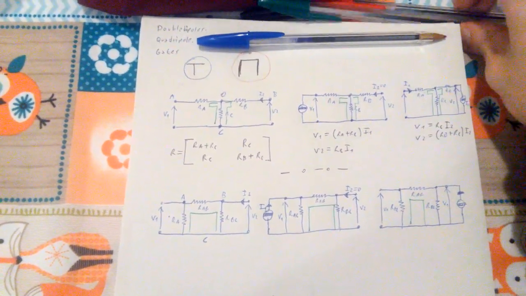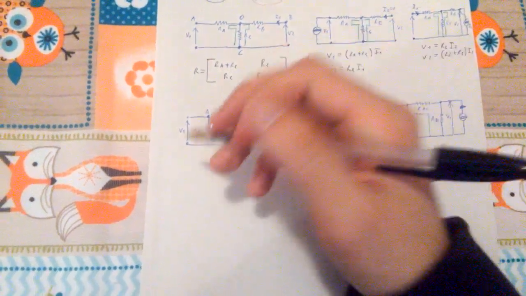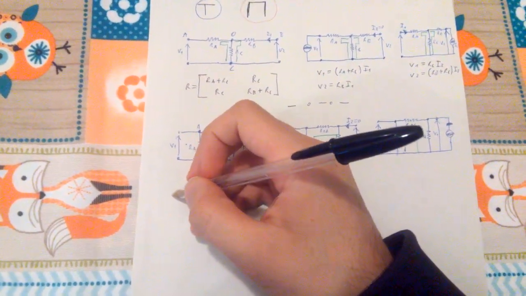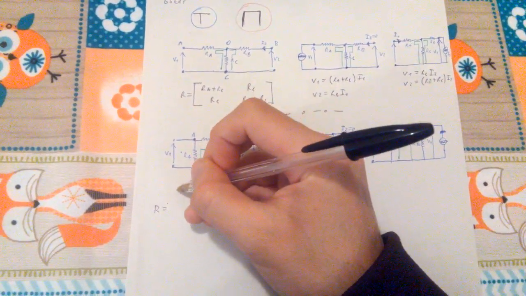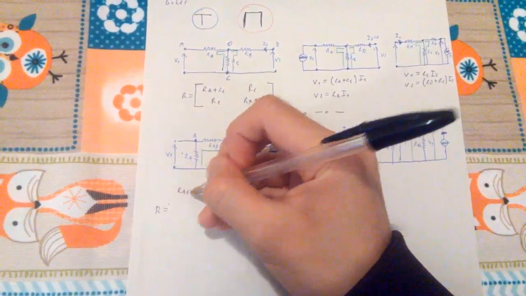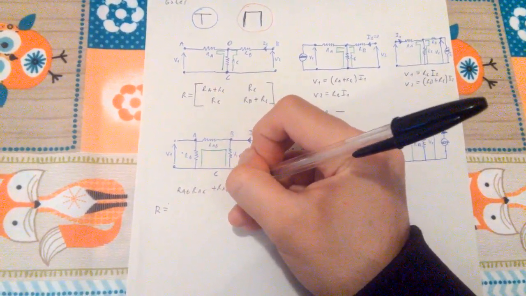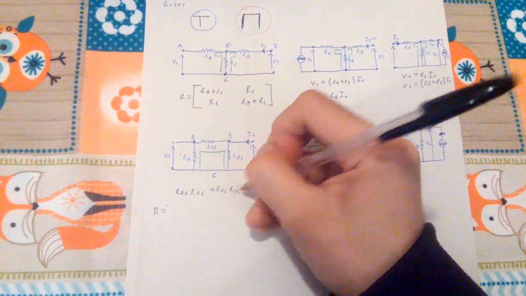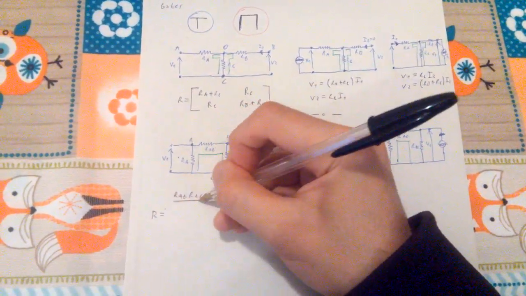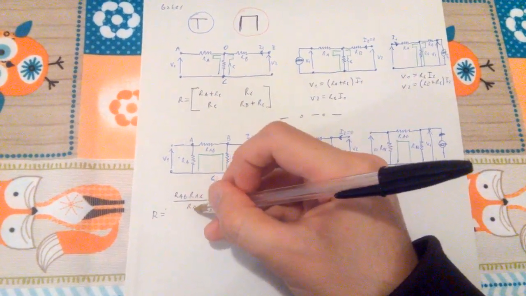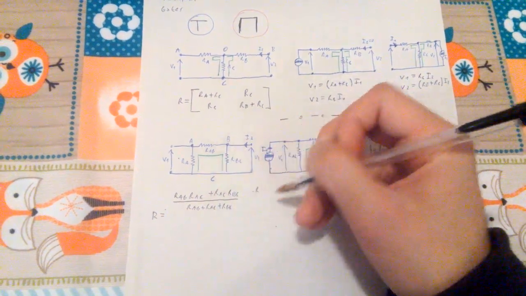Now on to the formula. We can actually find the matrix R as RAB, RAC plus RAC, RBC. And then here we would have over RAB plus RAC plus RBC.